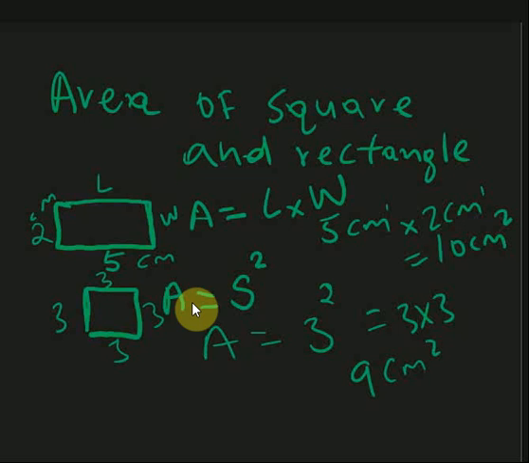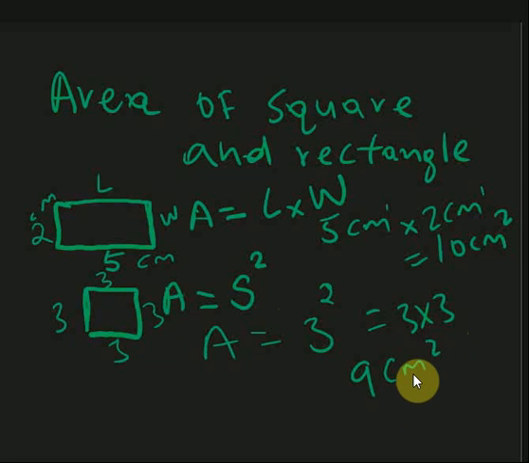When it comes to area, you just square one of the sides. That gives you the area of the square. So 3 squared is equal to 3 times 3, which is 9 centimeters squared.